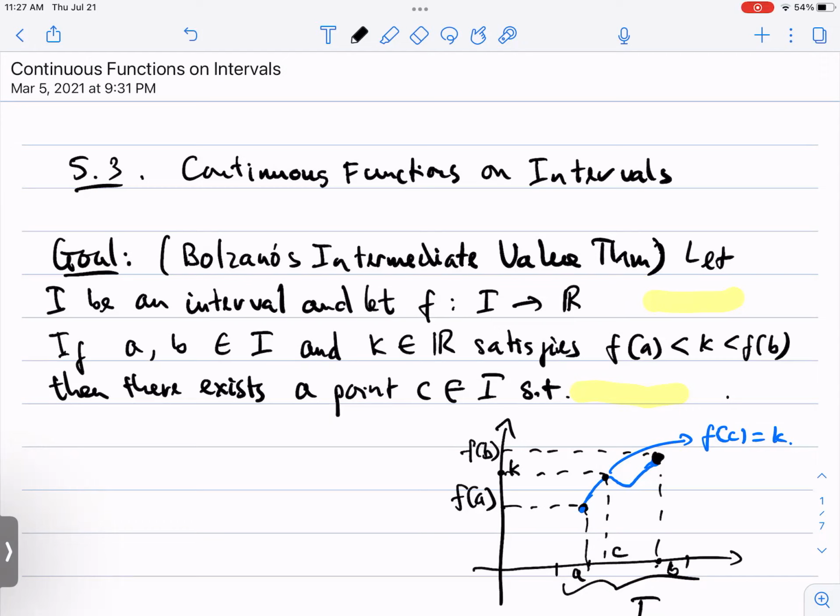Let I be an interval and let f be a function from the interval I to the set of real numbers R, and assume that this function is continuous.